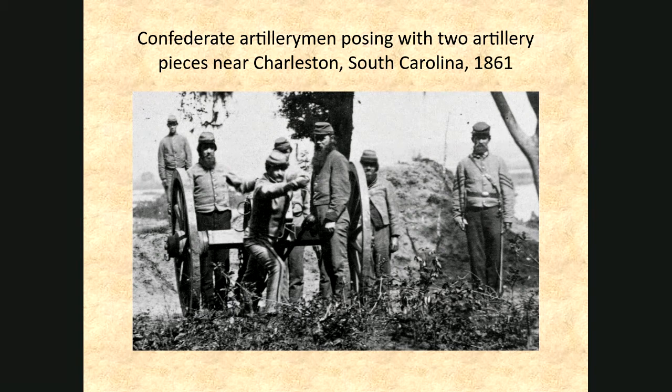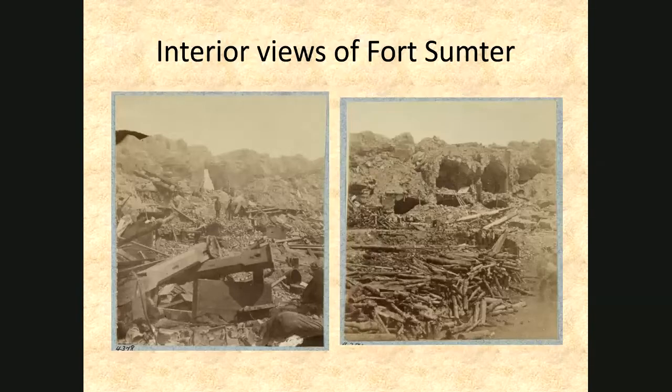But there is that gentleman in front of the cannon, and he's holding his arm out, and you can see how it's kind of blurry because he did not pick a pose that would have been captured more crisply. He would have wiggled a little bit during that exposure. And then here we have some interior views of Fort Sumter that Cook took after it was taken over and destroyed by the Southern forces.